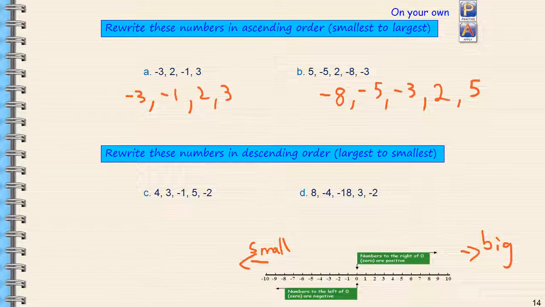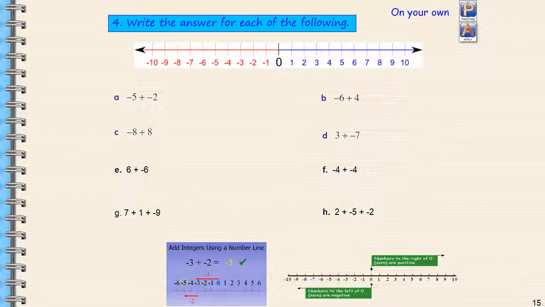The next question is the opposite, but going the other way. Descending order, going from biggest down to smallest. You can have a go at that one. All right, you can have a go at these ones as well. They're the same as what we've done. Have a try. I'll just do a couple of them. -5 plus -2. So I'm at -5 and I'm subtracting 2 more. I'm down to -7.